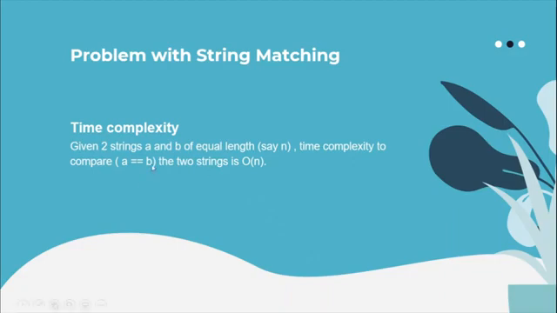If you are applying this double equal operator, then the complexity of comparison is actually big O of n, because internally each character of A and B will be compared. So ith character of A would be compared with ith character of B for checking the equality of these two strings.